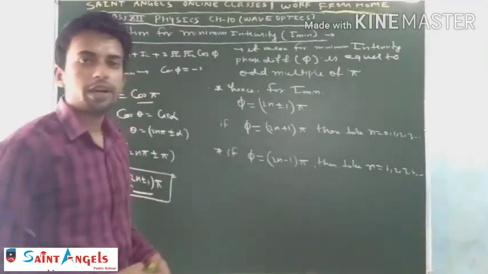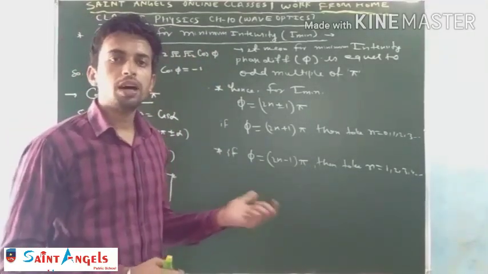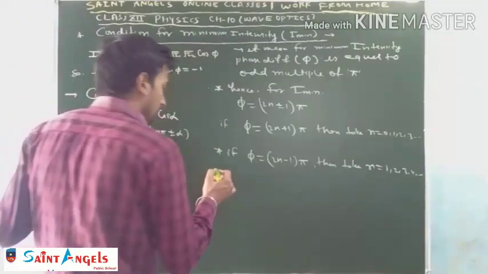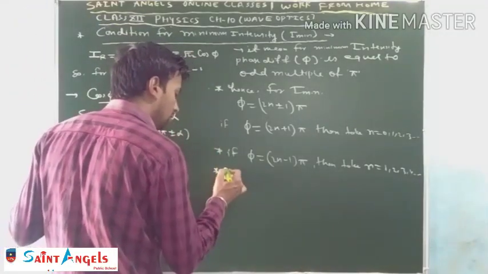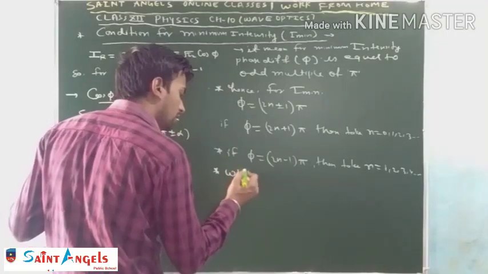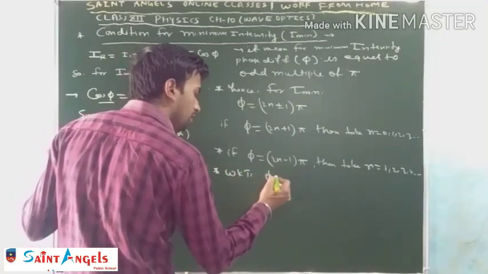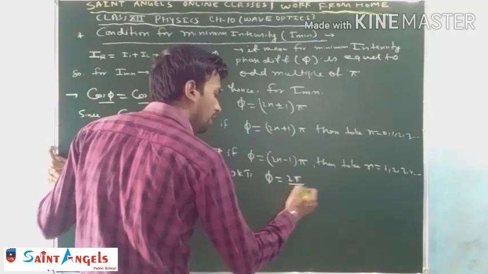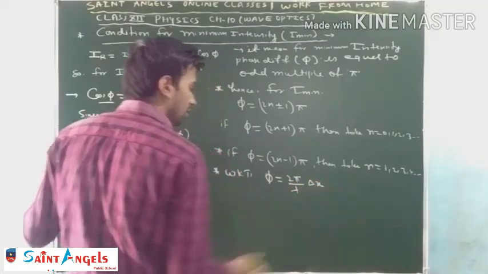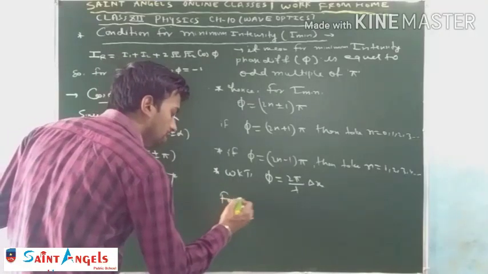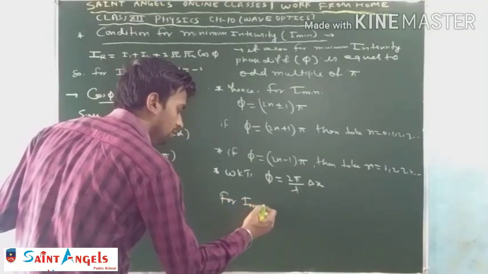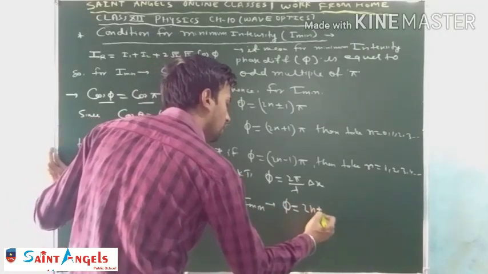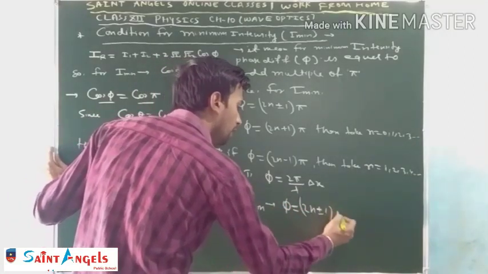Now we will find the expression for path difference in minimum intensity. So we know that phase difference is equal to 2 pi upon lambda into path difference. For minimum intensity, phase difference is equal to 2n plus minus 1 into pi.